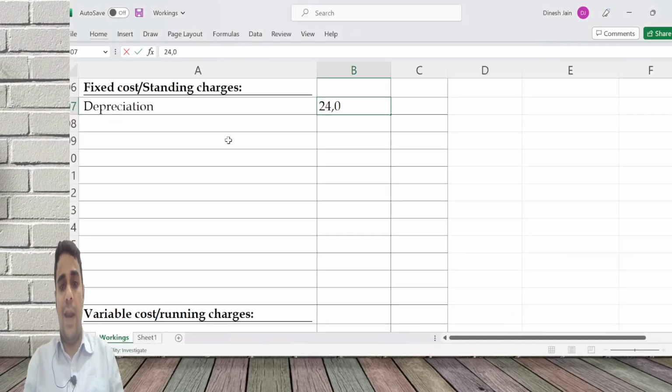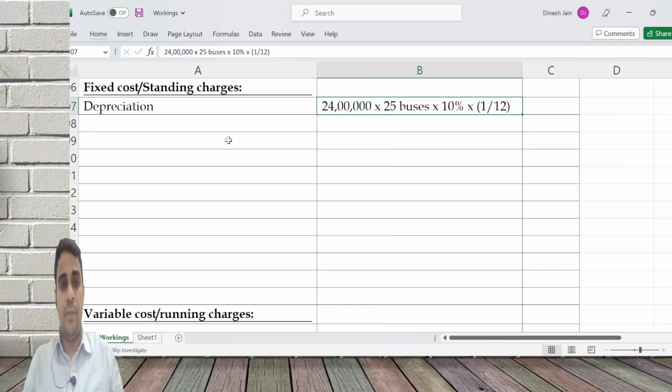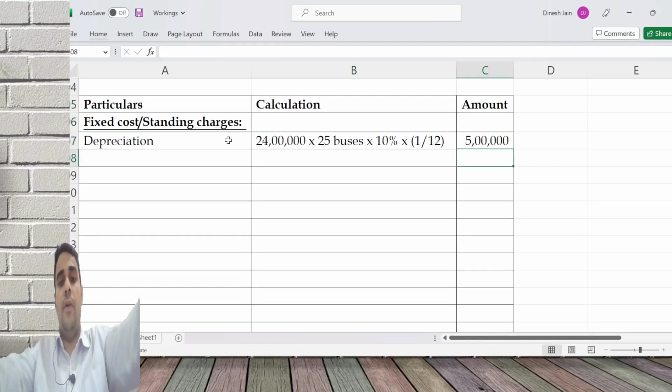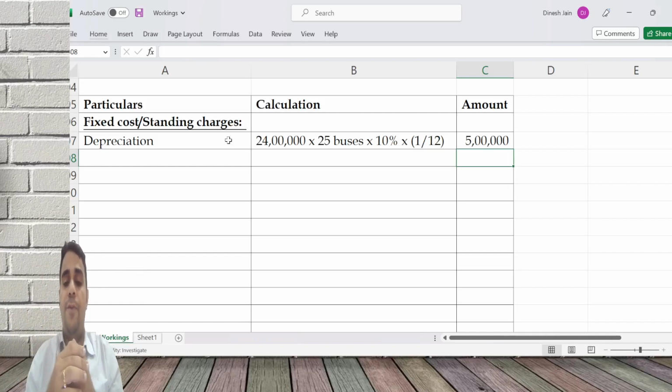So 24 lakh into 25 buses into 10% per annum into 1 by 12, which is 5 lakh rupees.